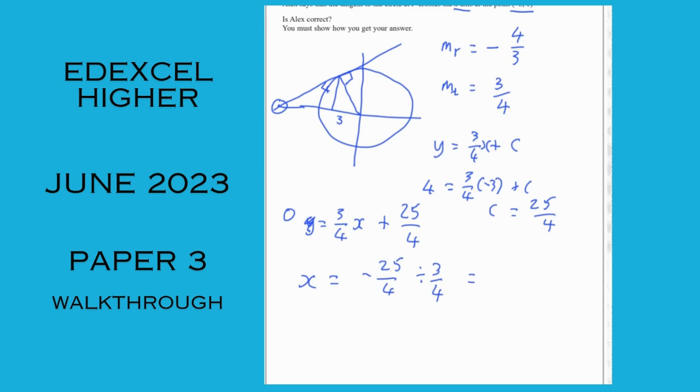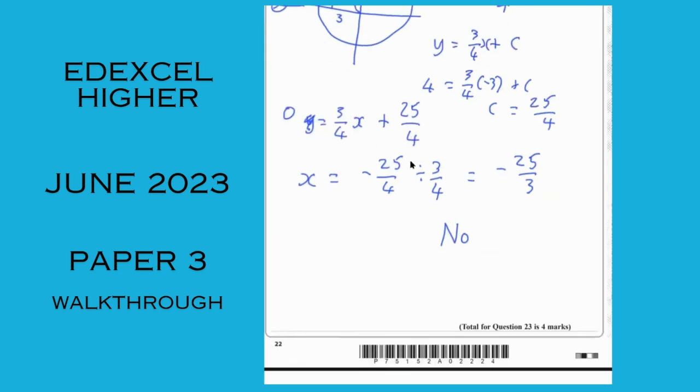You end up getting the answer minus 25/3. In other words, minus 8 1/3. So Alex was close, but not spot on. So is Alex correct? Make sure you give it a no.